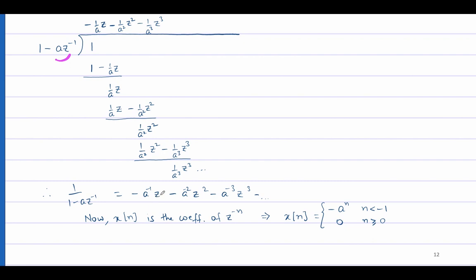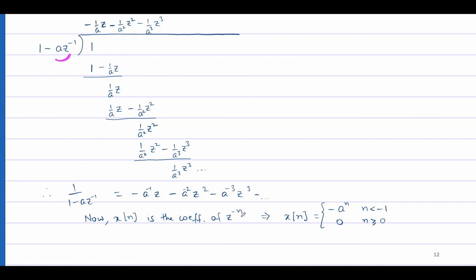So see, z to the power 1 is minus a inverse, z to the power 2 is minus a square, z to the power 3 is minus a cube, so x[3] will be minus a cube. So this is what I get, x[n] is minus a to the power n, and this is true for all n less than or equal to minus 1, right?